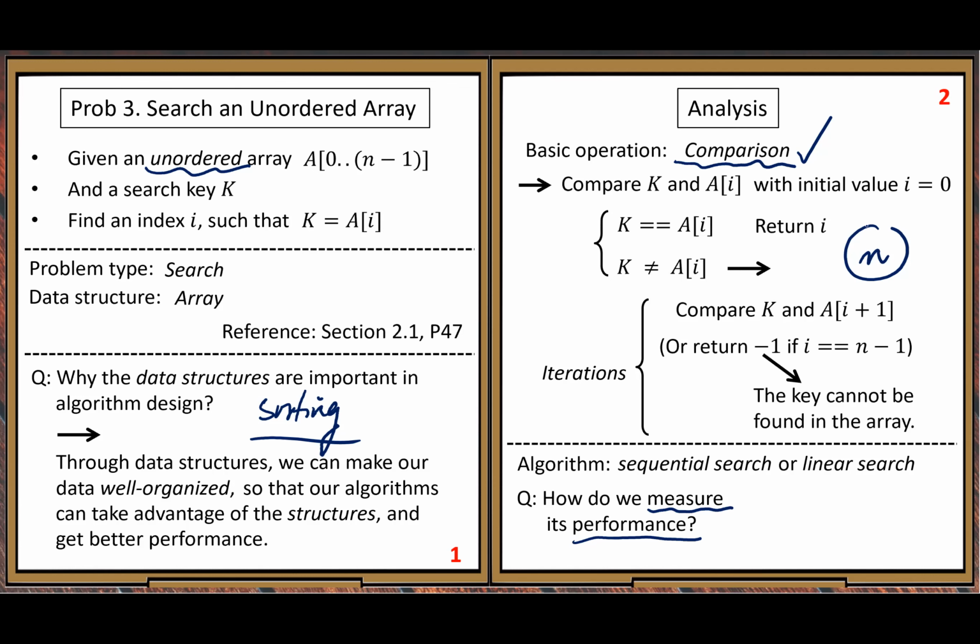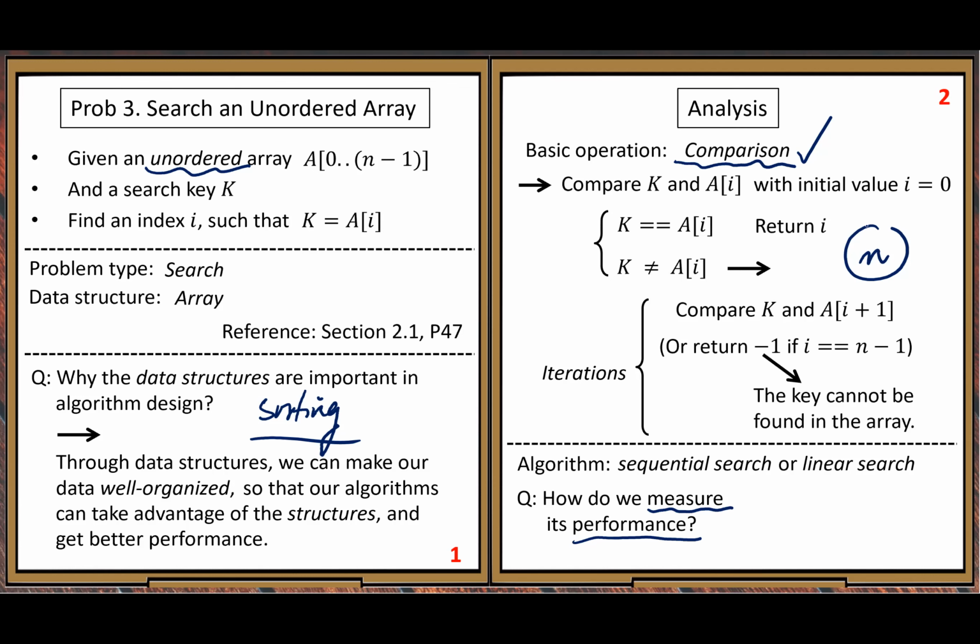People do millions of search operations every day. So the number of comparisons is distributed from small numbers to large numbers. But at the end, you need to consider the average number of comparisons. So we call it average case efficiency.